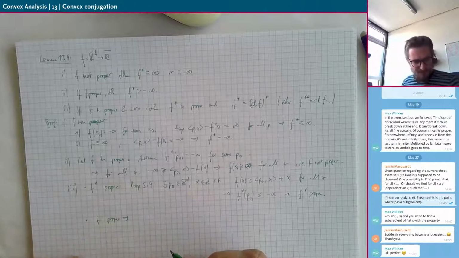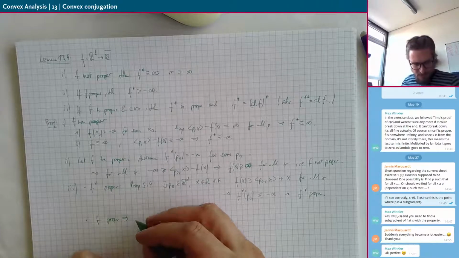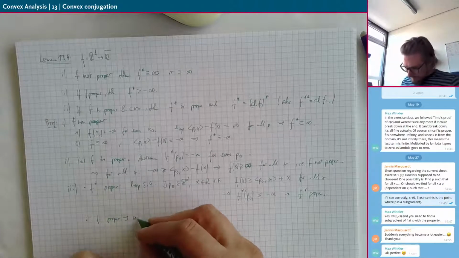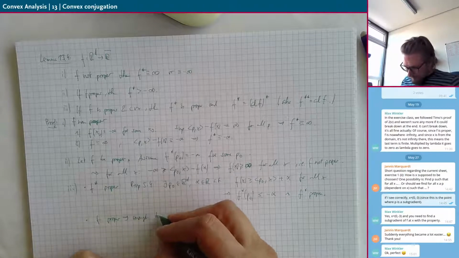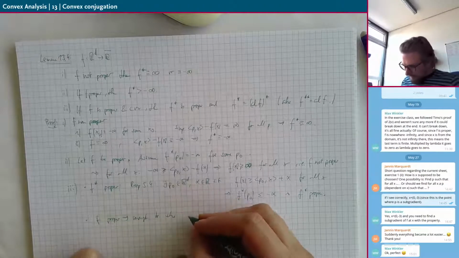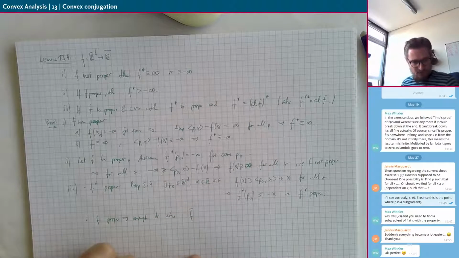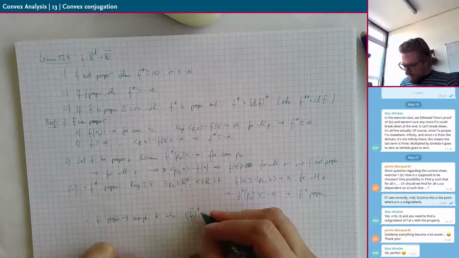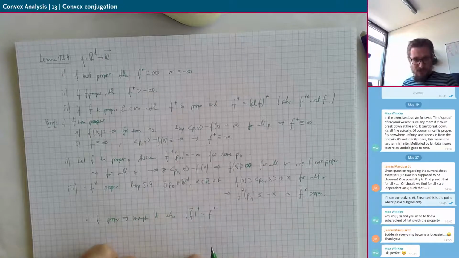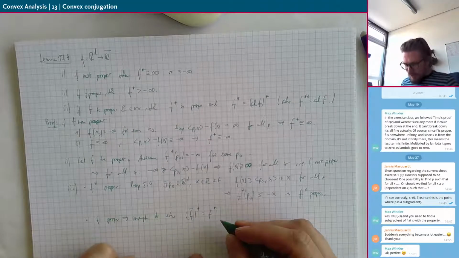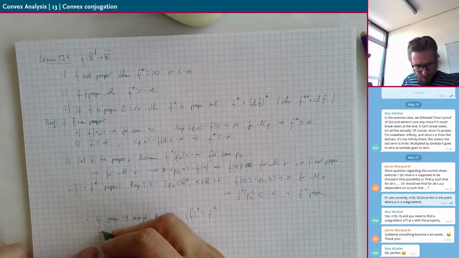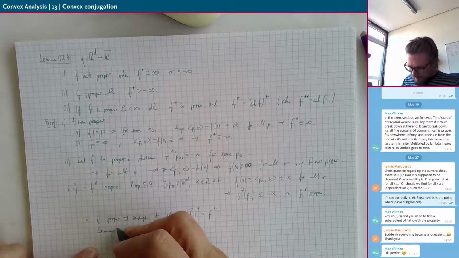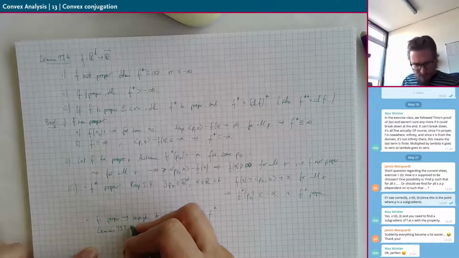So since f is proper, it's enough to show that the closure leads to the same conjugate here, and we need the previous lemma 13.3, the first point.